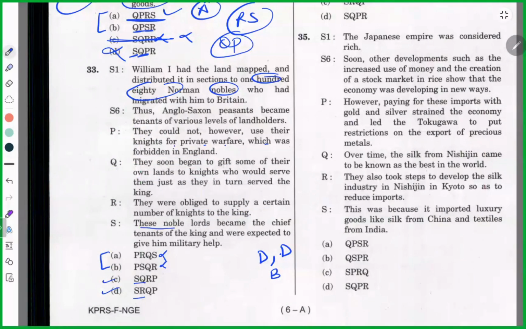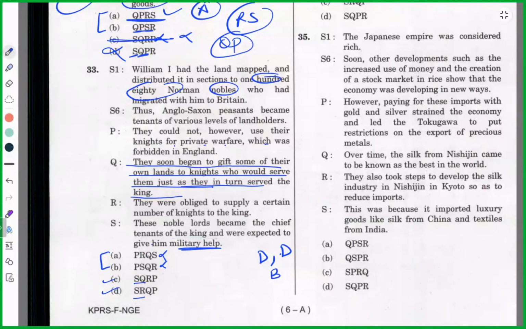"These noble lords become the chief tenants of the king and were expected to give him military help." Okay. SQ: "They soon had begun to give some of their own lands to knights who would serve them just as they in turn serve the king." Now they are talking about the chief tenants of the king, who were expected to give him military help.